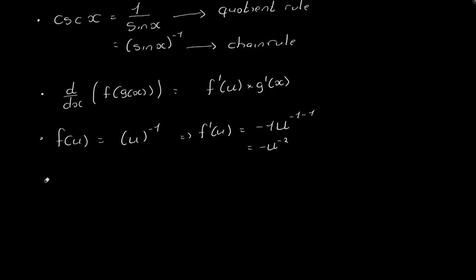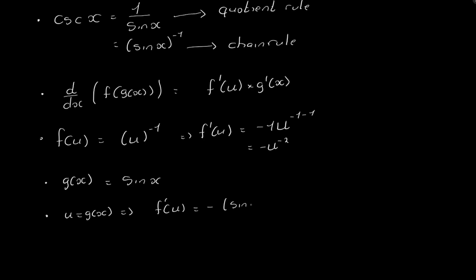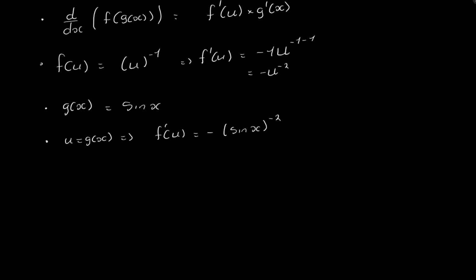Now we need to find g prime of x. In order to do this, we recall first of all our g of x, which is our inner function, and it is sine x. So the derivative with respect to x of g of x is cos x, from the previous video, part 1 of this video, which covered the differential of the basic trig functions.